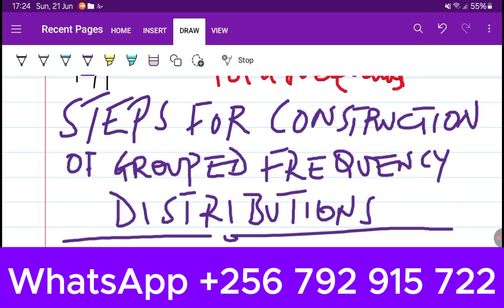I'm writing some of these steps with the thinking that there might be some students who have never done any statistics and they are doing it for the first time. The steps are actually known.